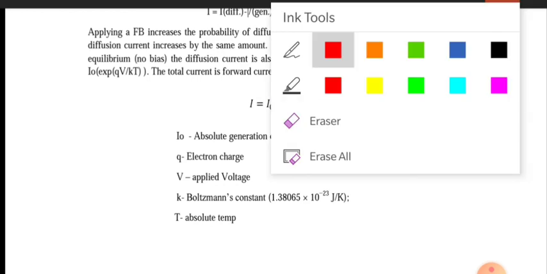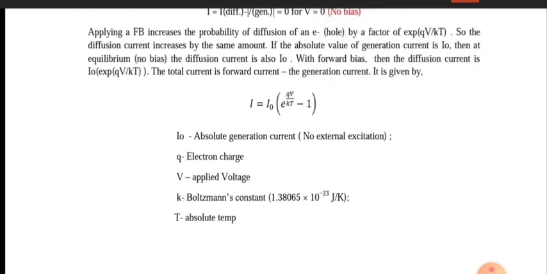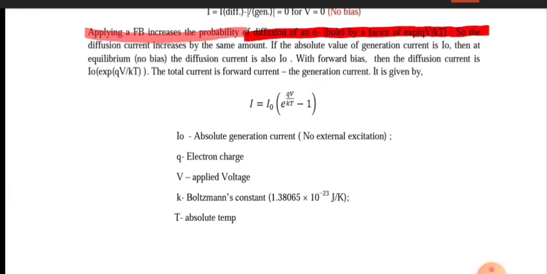Applying a forward bias increases the probability of diffusion of electrons or holes by a factor of e raised to qV by kT.